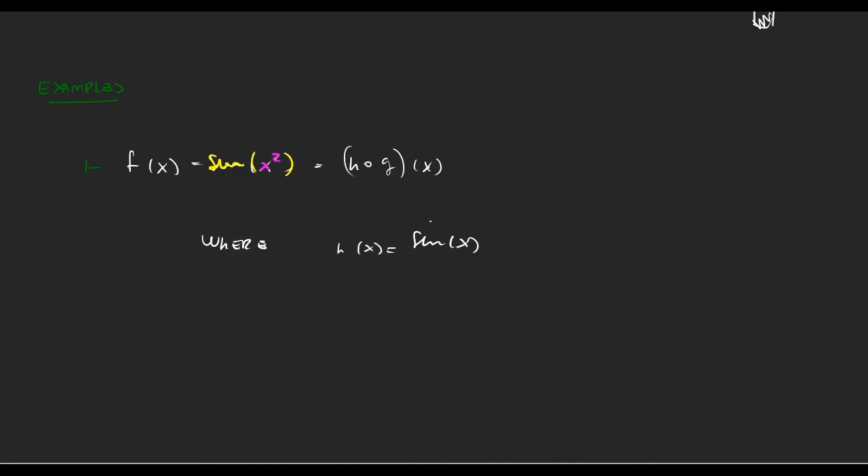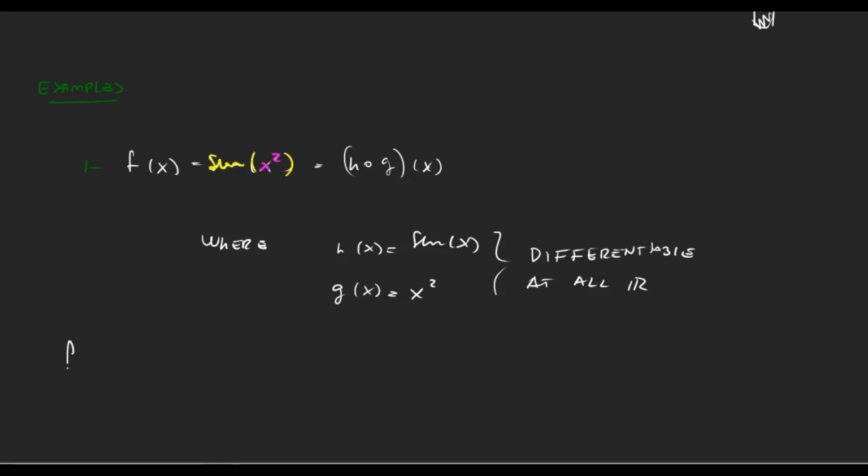So the last function we applied was the sine, and the first one was g of x equal to x squared. And now these two functions are differentiable at all the real numbers. So we won't have any problems there.